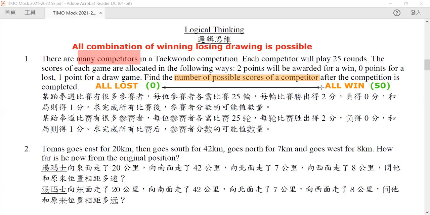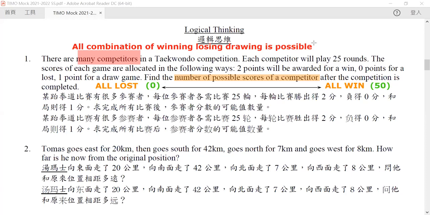Okay, so for this kind of question, sometimes it is impossible to get a certain score. But in this case, fortunately, it is not so, because from 0 points to 50 points, we can always think of a situation in which you can gain the points. Now, for example, 50 is easy, 25 wins.